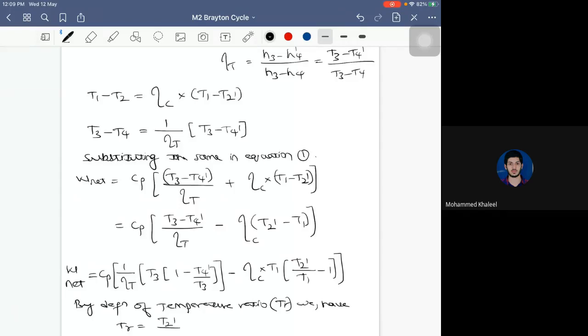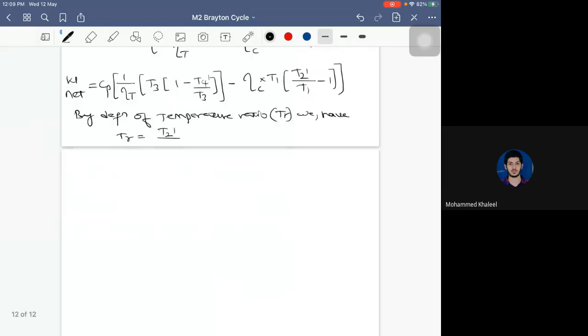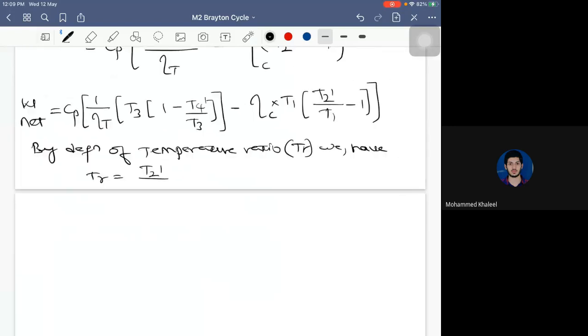Now it is dash, no? Have to take it as dash itself. So TR divided by T1 is equal to T3 divided by T4 dash. For actual, you should always consider that dash.